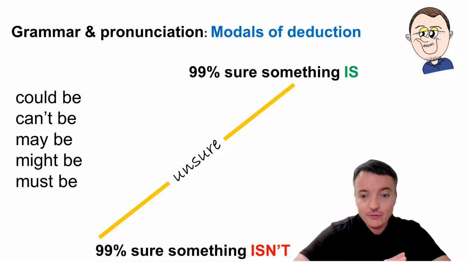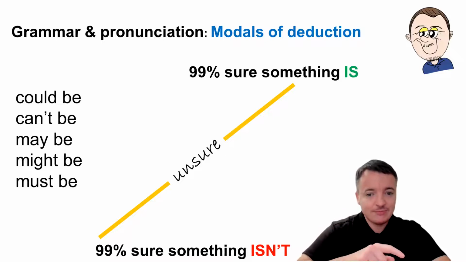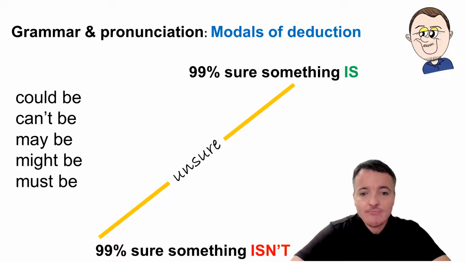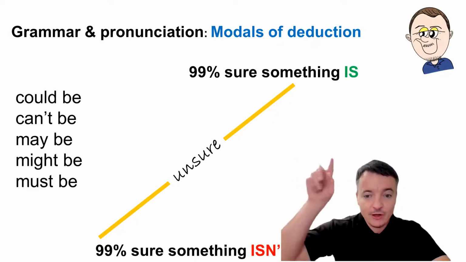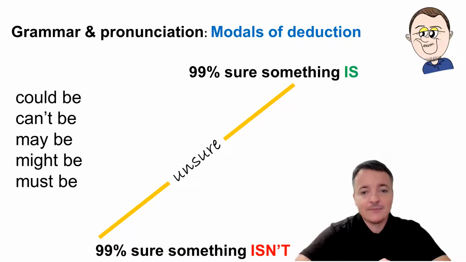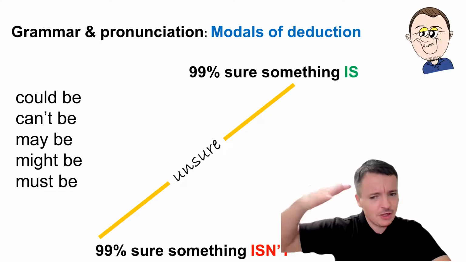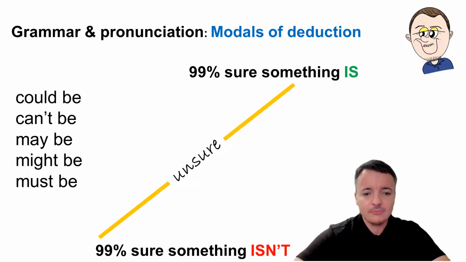Okay, pause the video, maybe write this down, draw a line, and add the modals of deduction to the line. 99% sure something is, sure something isn't, middle, unsure. Okay, shall we check the answers? Let's check.